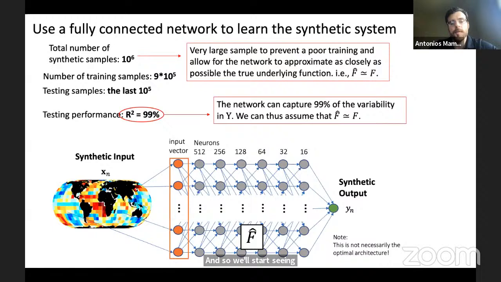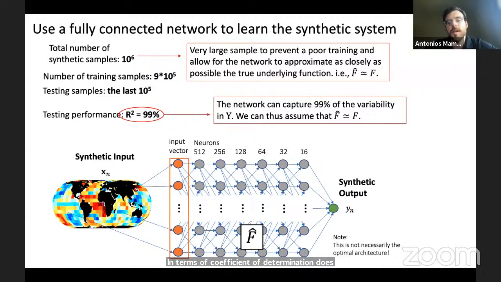I'm using a fully connected neural network to train and be able to predict this synthetic output. I'm using, as I said, 1 million samples, and 900,000 of these samples are used for training. 100,000 of these samples are used for testing. We have achieved a very high prediction performance, 99% in terms of coefficient of determination.